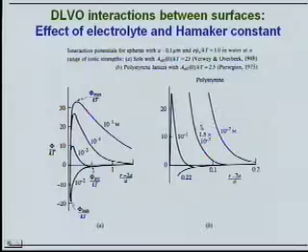This is the low Hamaker constant, this is high Hamaker constant. But you can see that for low attraction, low Hamaker constant, you need to add quite a bit of electrolyte in order to kill off the repulsion. If the Hamaker constant is high, even a small amount of electrolyte will be more than enough to bring them into contact.